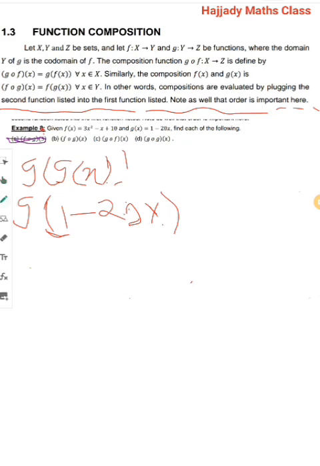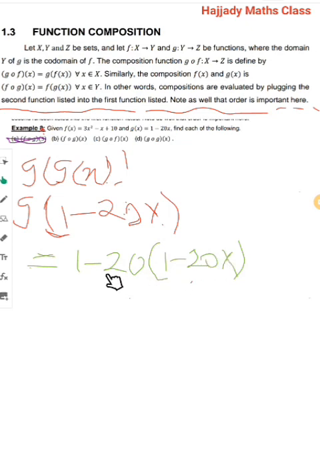So with this now, we have our function to be equal to 1 minus 20 into bracket 1 minus 20x. So what happened is this. Instead of having x, this is where we have x in the function. So instead of having this x, we replace it with what is inside the bracket, 1 minus 20x. So it should be 20x, but the x is being replaced with what? 1 minus 20x.